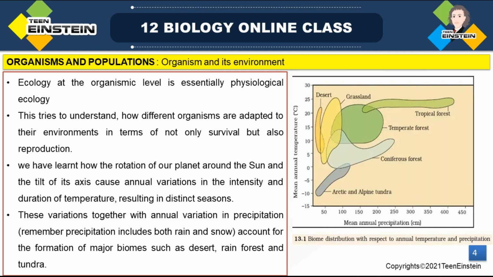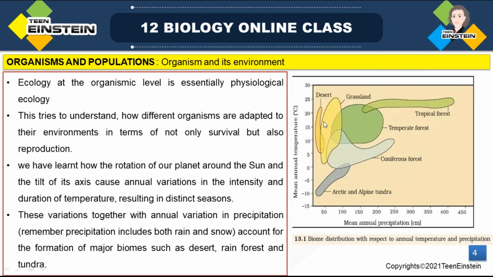Then next, what we need to learn in this. Generally I'm saying, in desert, mean annual temperature is around 5 degrees to 20 degrees.